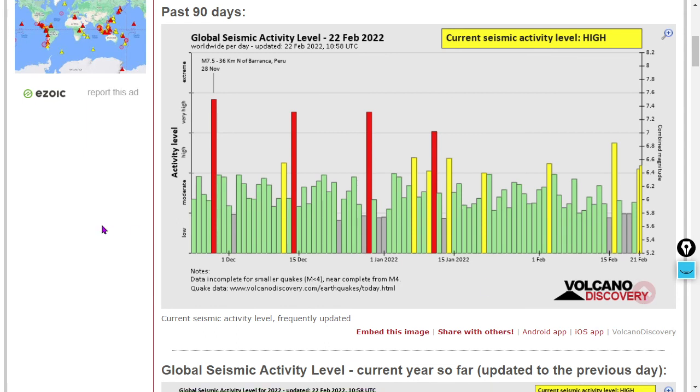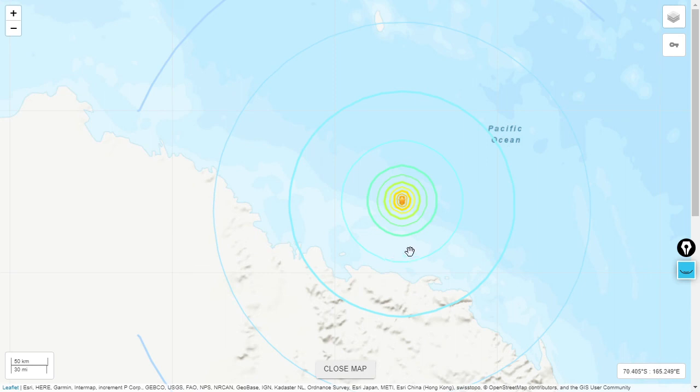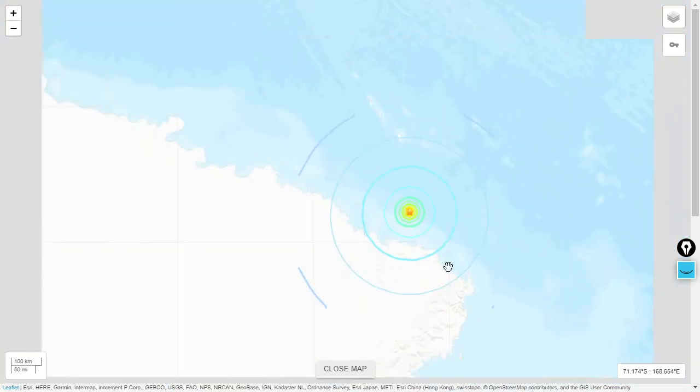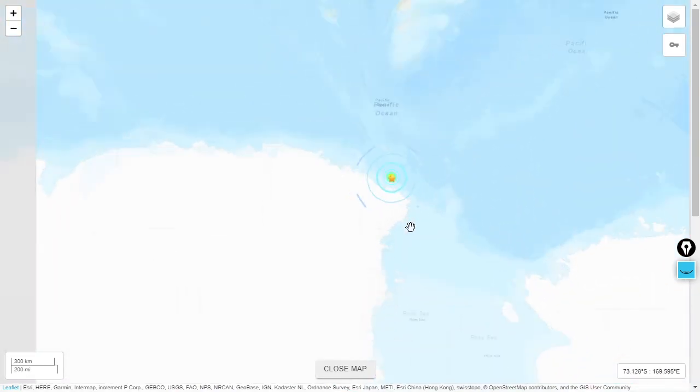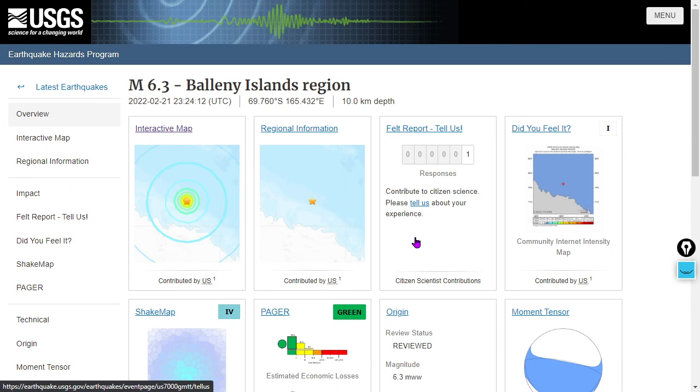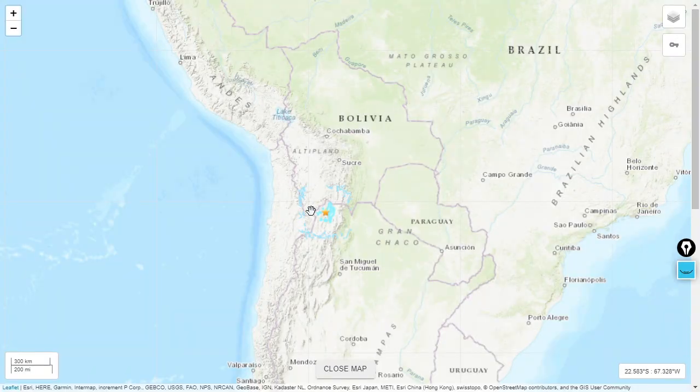We've seen two earthquakes over the 6-magnitude range here. So this is a 6.3 occurring very far south in the South Pacific, near Antarctica. That 6.3 happened at 23:24 Universal Time last night. There was also a 6.0 in Argentina.